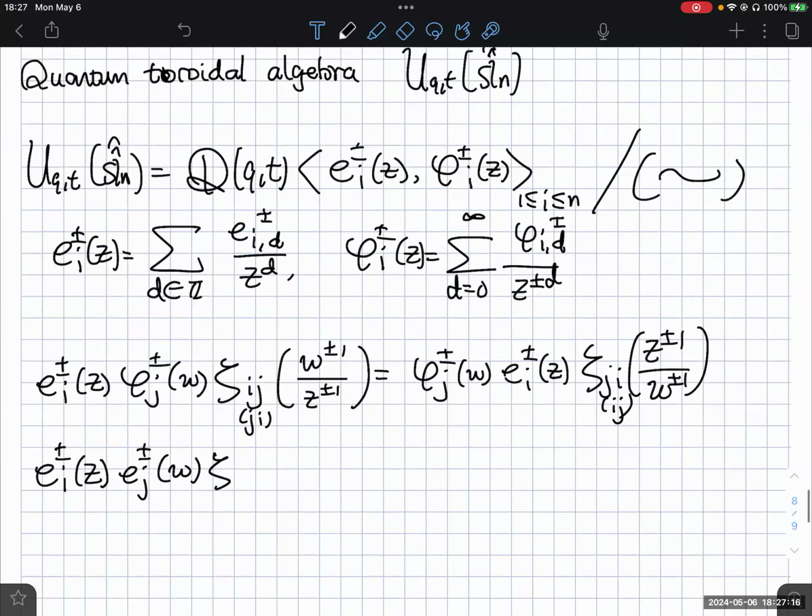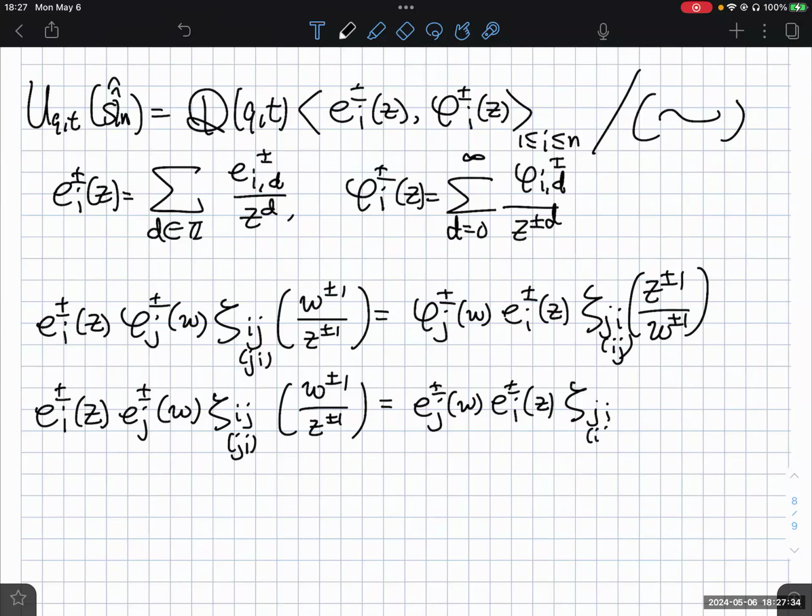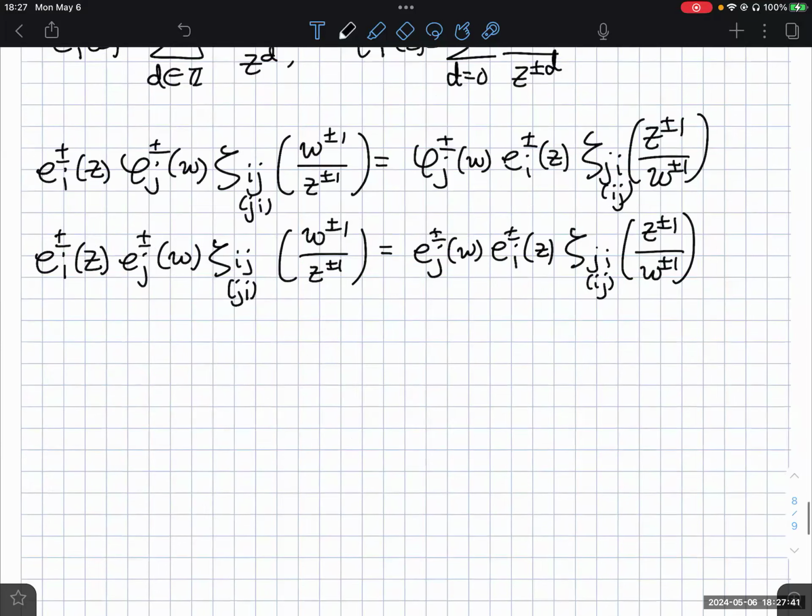I'll introduce this function later. And this zeta function is defined as the following.